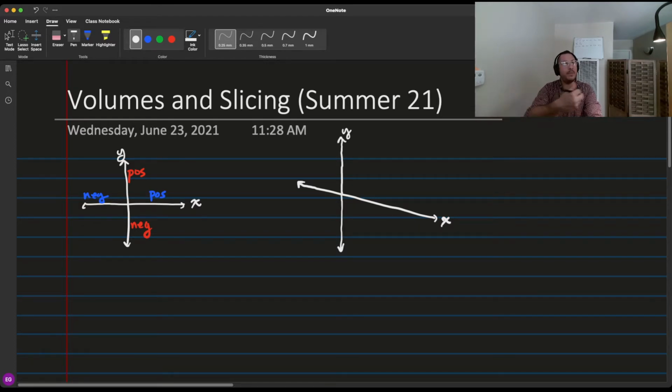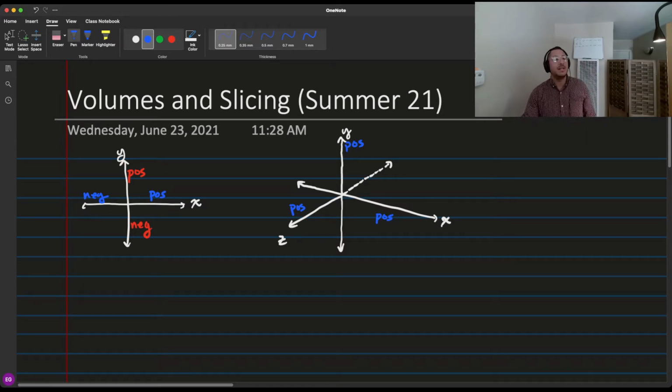And then popping out of the screen is the z-axis, and going into the screen is the z-axis. Okay, so the positive part of the x-axis is going to be here. The positive part of the y-axis is going to be here. And then the positive part of the z-axis is going to be here. For now. Eventually we'll change that.